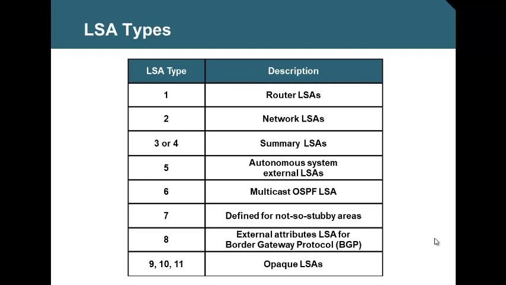Who can do this conversion? Only the ABR can do it. Only the ABR can take the type 1 and type 2 of area 1, entering on one side of the router, and send it to area 0 as type 3.